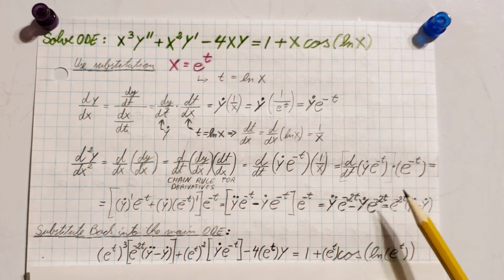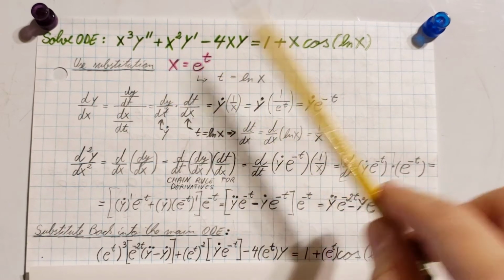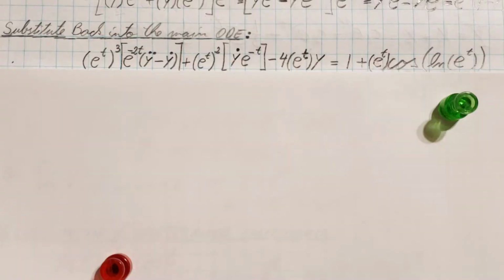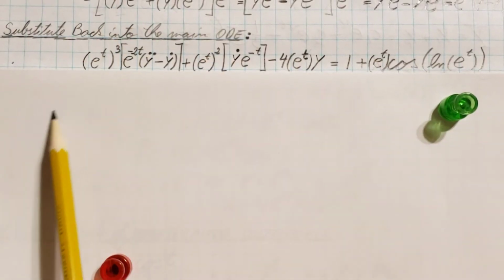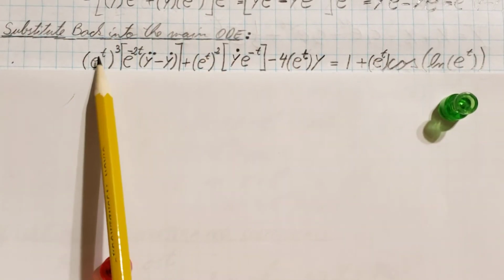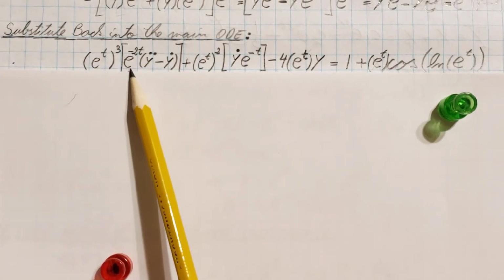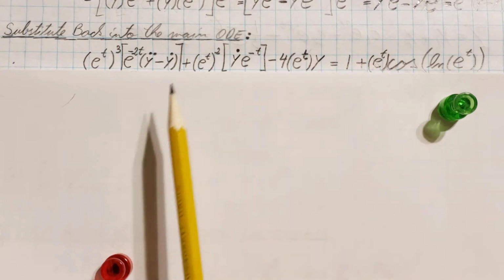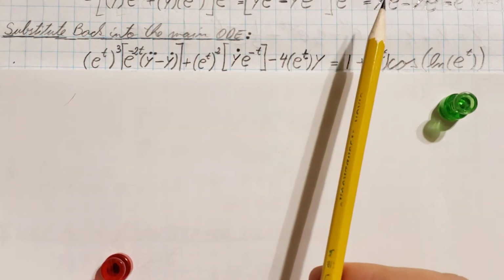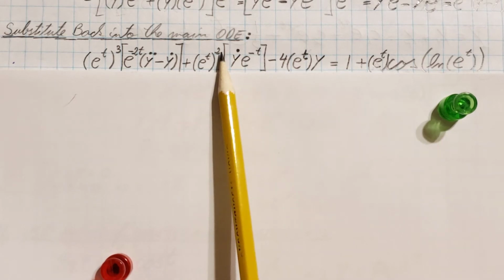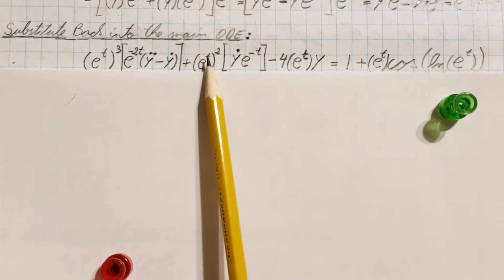I'm plugging this and this into my ODE. That's what we see down here. Here we had x to the third, so my x is e to the t. We're going to substitute it out. My y double prime we found right here, basically what we just found a minute ago, plus x squared, my x substituted out.